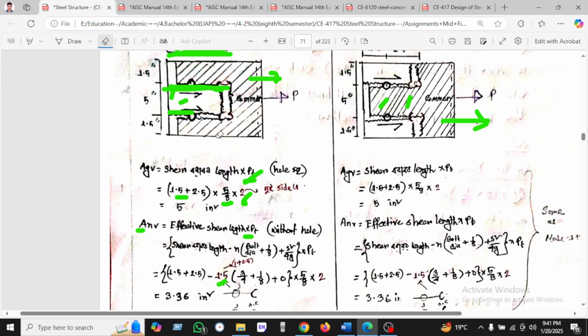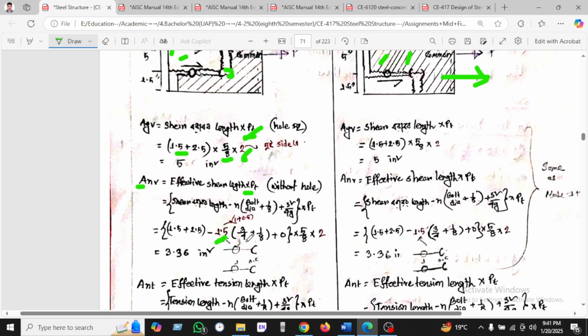If we look at the failure mode, this bolt is considered fully, while the other bolt is considered only half, not fully. That's why we take 1 plus 1.5, which is 1.5, and the bolt diameter is taken. From this picture we can understand why we are considering 1 plus 1.5, so that will be 1.5.